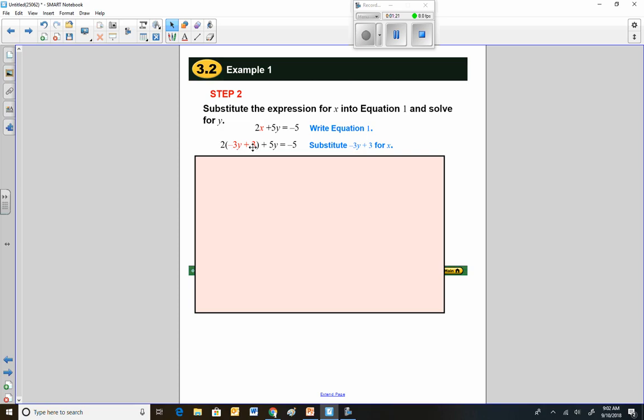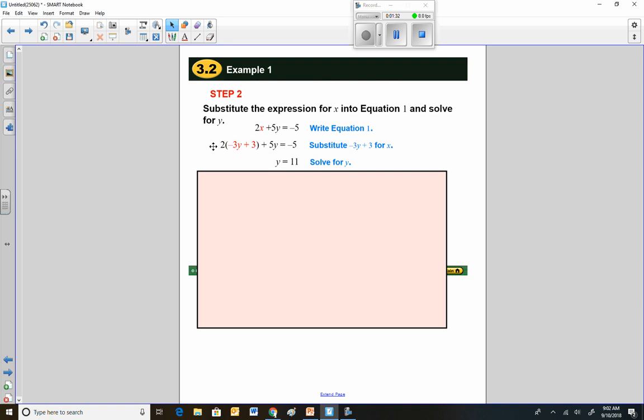Now we solve this just like any other algebra problem using order of operations. You must distribute your 2 first, so you get negative 6y and positive 6. Then negative 6y plus 6 plus 5y equals negative 5.